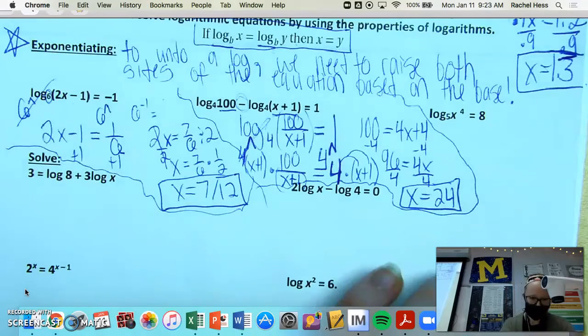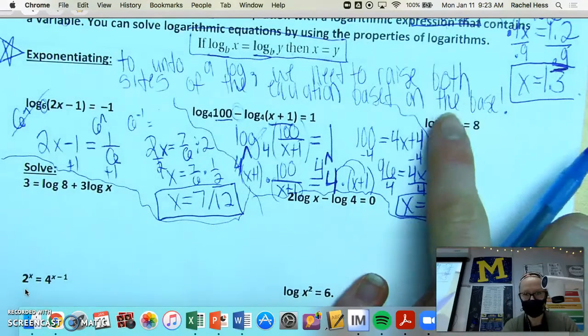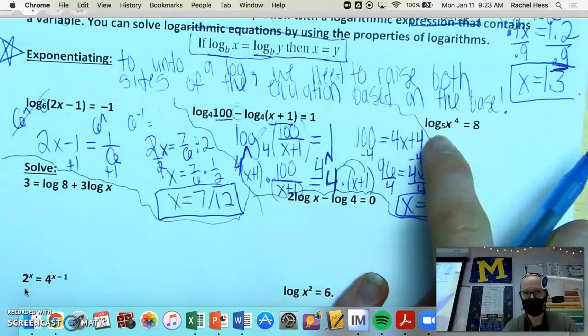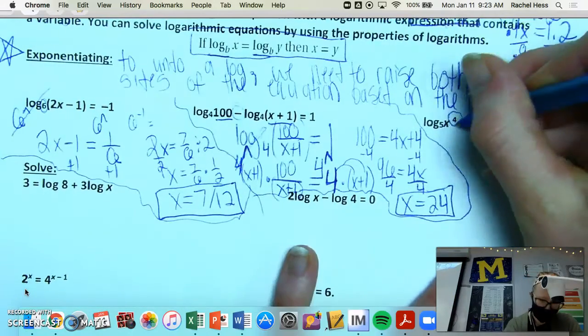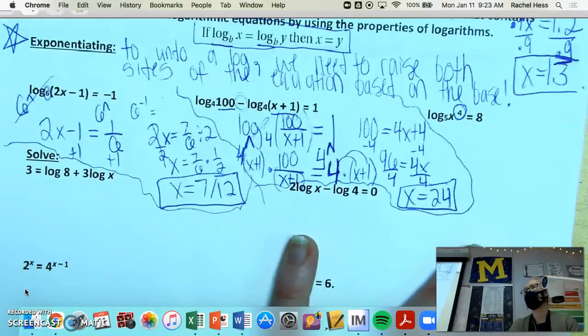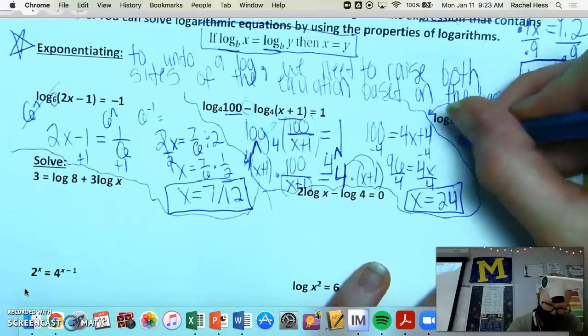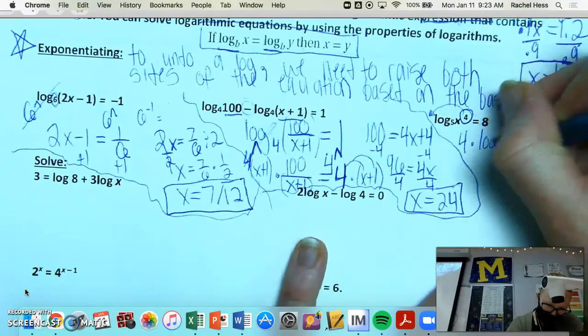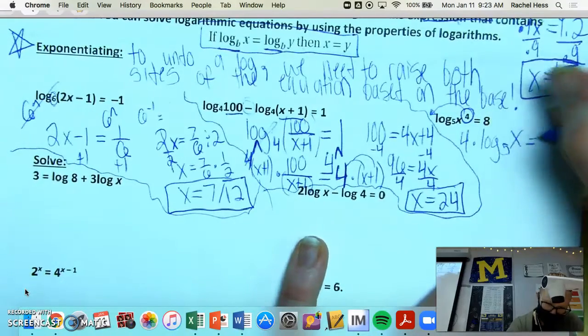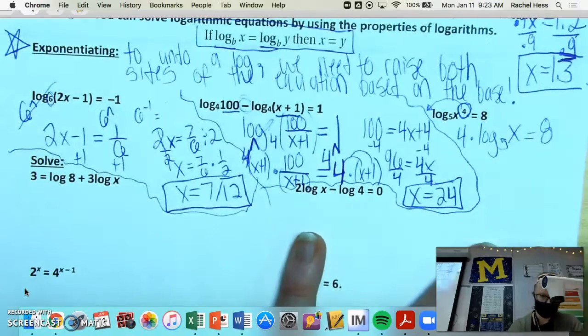Okay. If I run into something like this, do you remember when I had log base 5 of x to the 4th? If you have an exponential within a logarithm, we have to take care of that, right? So I'm going to have 4 times log base 5 of x equals 8. Couldn't I just divide this 4 out?